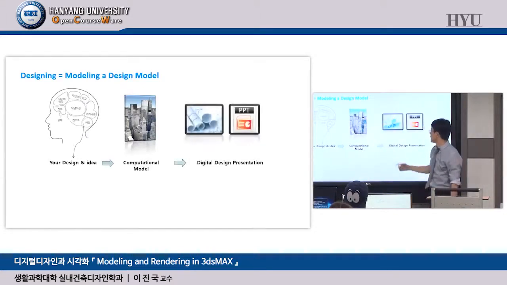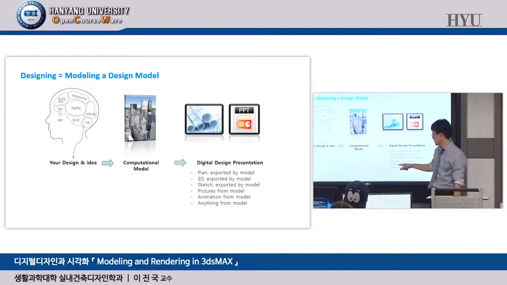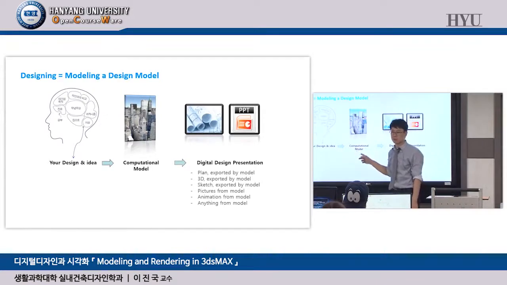computational model, and digital design representation, presentation things, plan, 3D, sketch, animation, anything for design representation can be extracted from your computational model. Okay, what if we don't have this model?